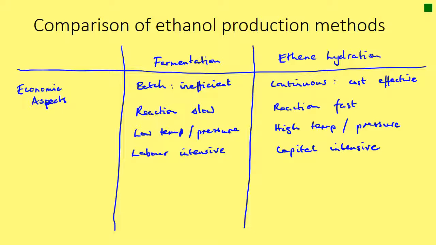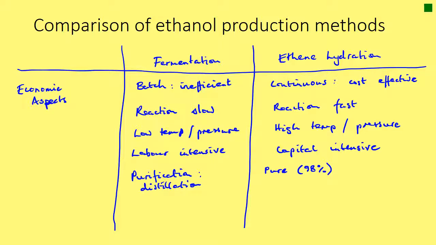In terms of the purification of the product, with fermentation, it has to be done by distillation. Whereas with the hydration of ethene, the ethanol is pretty pure to start with. Let's call it 98%.